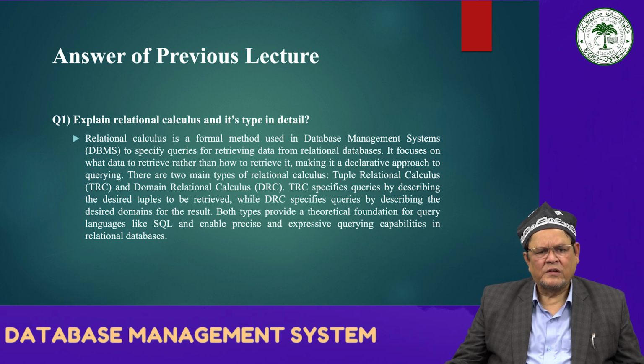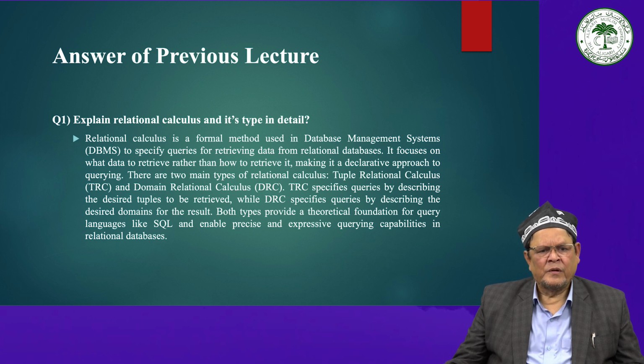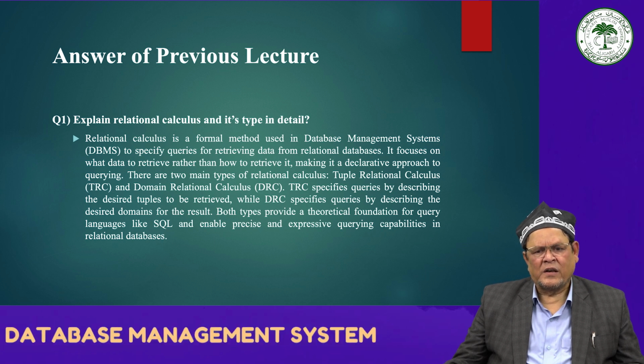The first question was, explain relational calculus and its types in detail. The answer is, relational calculus is a formal method used in database management systems to specify queries for retrieving data from relational databases. It focuses on what data to retrieve rather than how to retrieve it, making it a declarative approach to querying. There are two main types of relational calculus: tuple relational calculus and domain relational calculus.